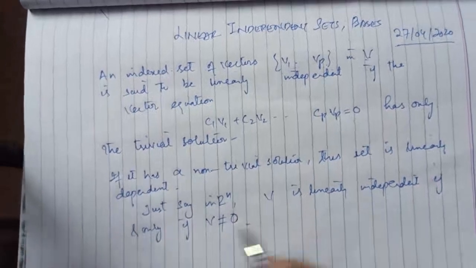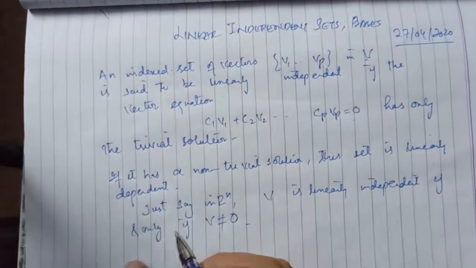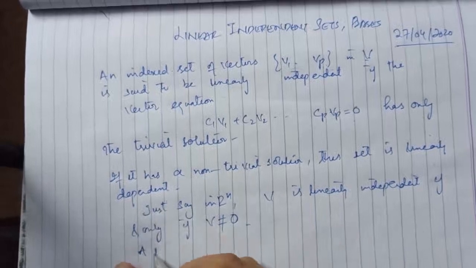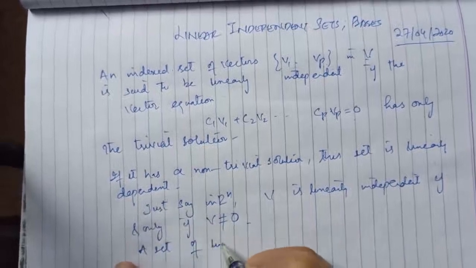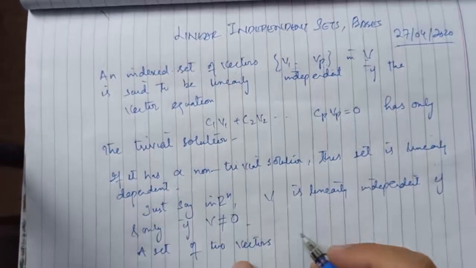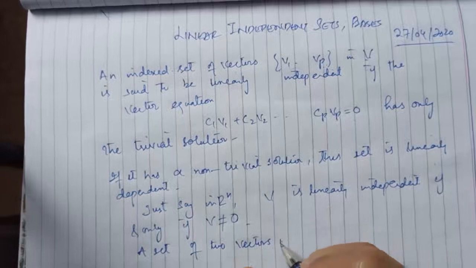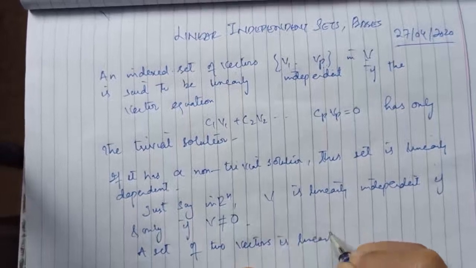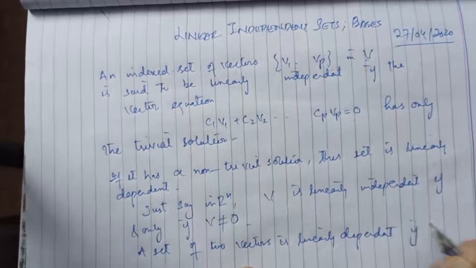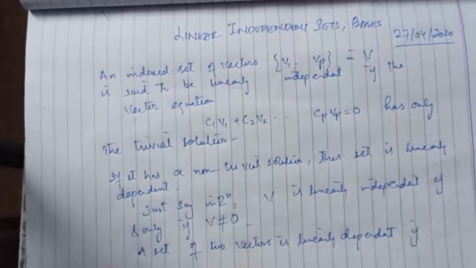Now a set of two vectors is linearly dependent if one vector can be written in the form of the other.